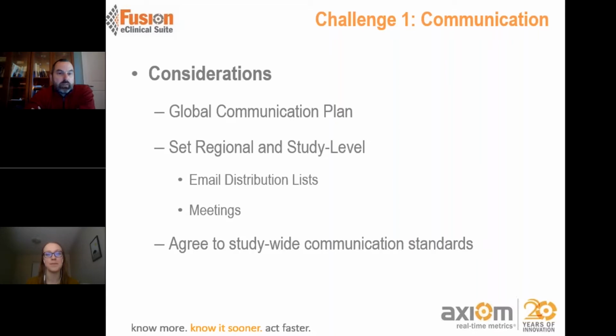Time zones being an important example, but all of the other things go into making that a success as well. You should also set regional and study level communication plans within it. So email distribution lists, meetings, arrangements, those things can be done both at a regional level and then scaled up to global awareness, rather than always involving everybody at every level of the communication.